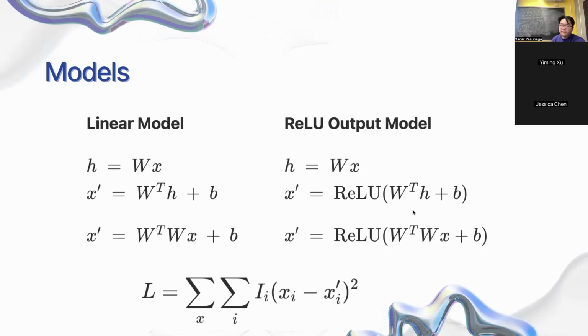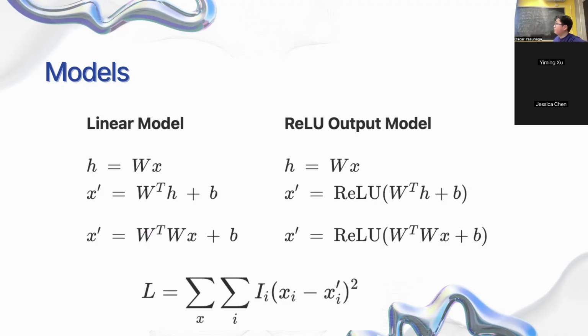Okay, so the model that they want to look at is a very simple model, right? First they have this bottleneck, h equals some weight matrix times x, and then they multiply this bottleneck by the weight transpose, so that you can reconstruct the original x. And they analyze this weight matrix in two cases.